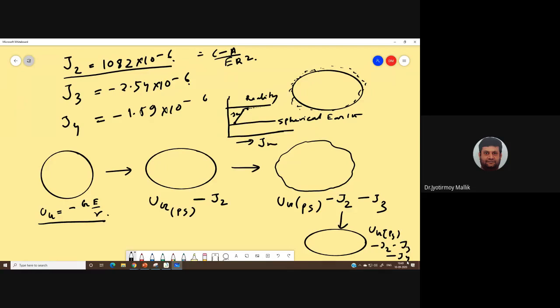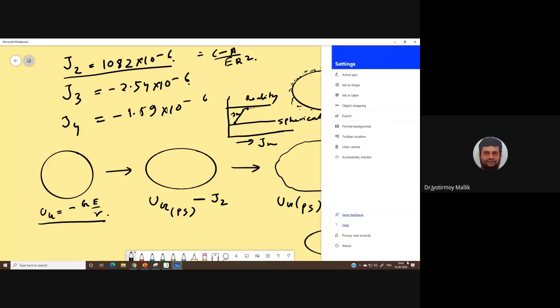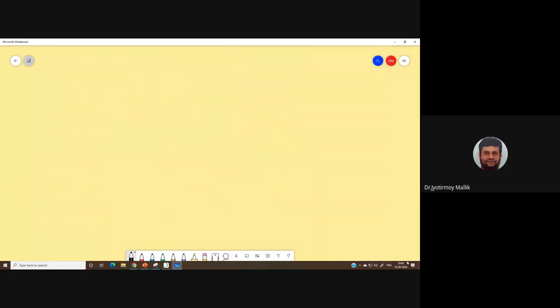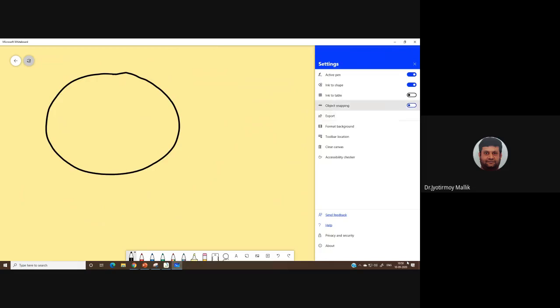So you remember, to accommodate for J, this was my perfect sphere.